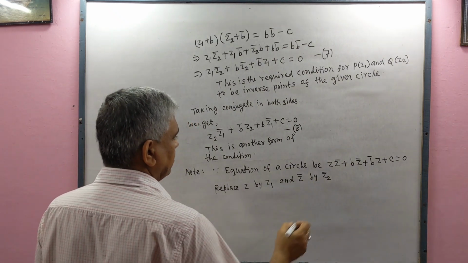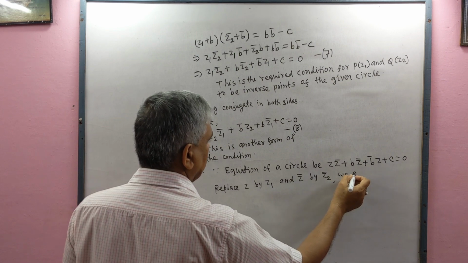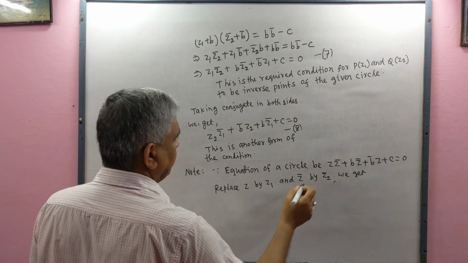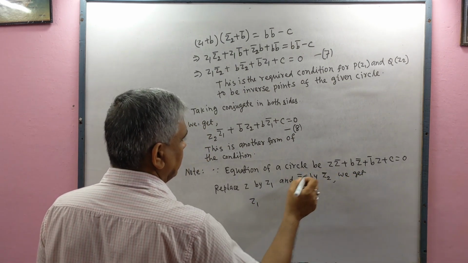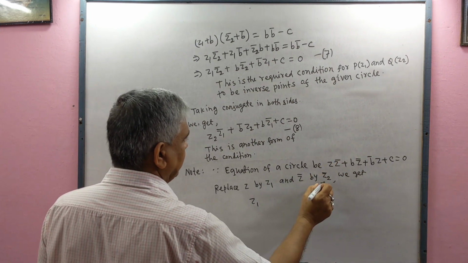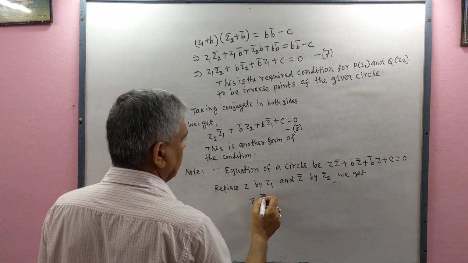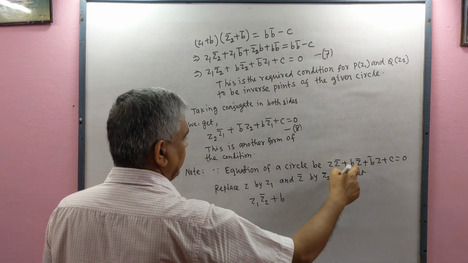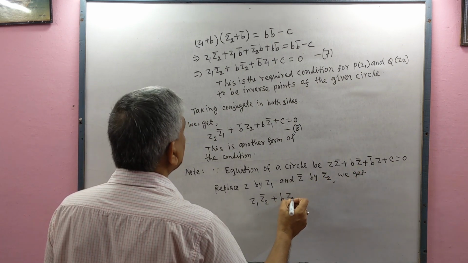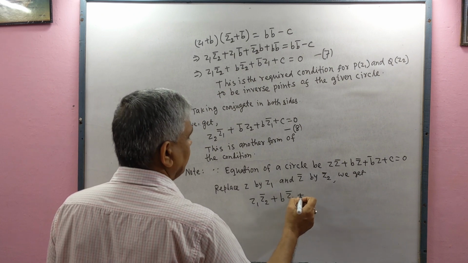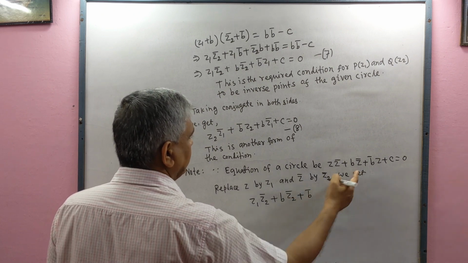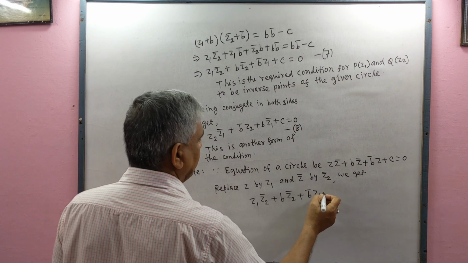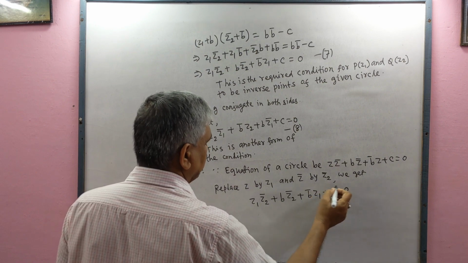Here if we write, we get Z1 Z2 bar plus B Z2 bar plus B bar Z1 plus C equal to 0.